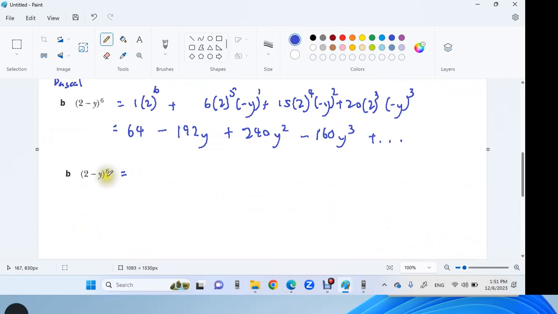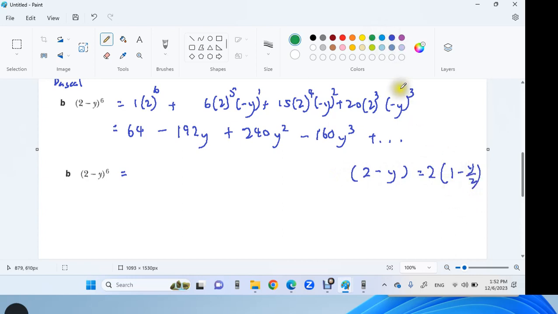How to change it to become 1? What I do is the factorization. So if I have 2 minus y, I factorize 2. Then it will become 2 times (1 minus y over 2).